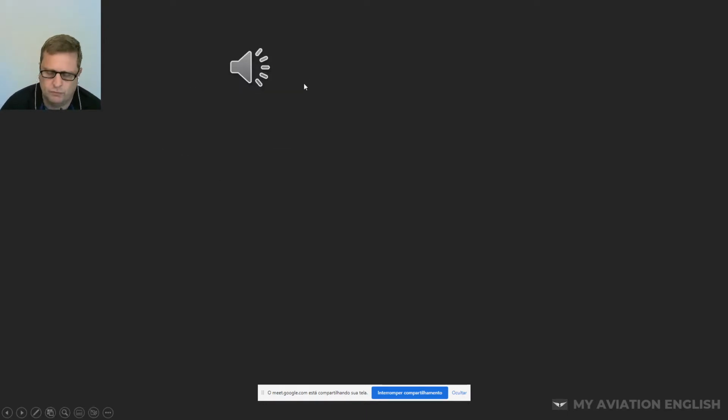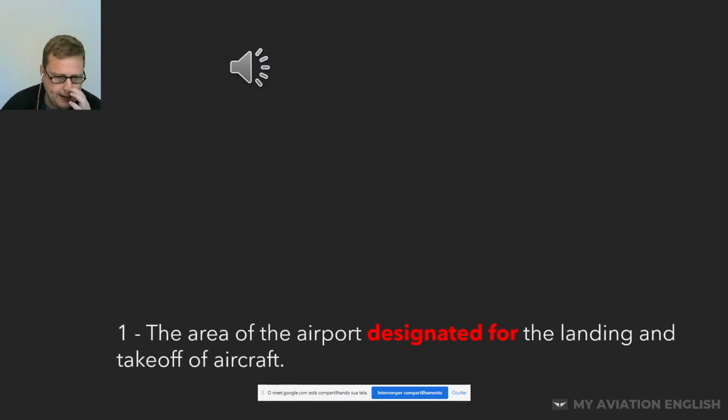The area of the airport designated for the landing and takeoff of aircraft. Can you tell me what area is this? The runway.